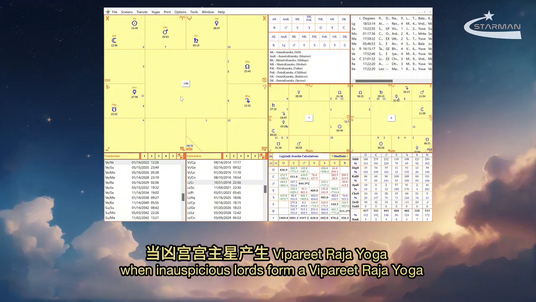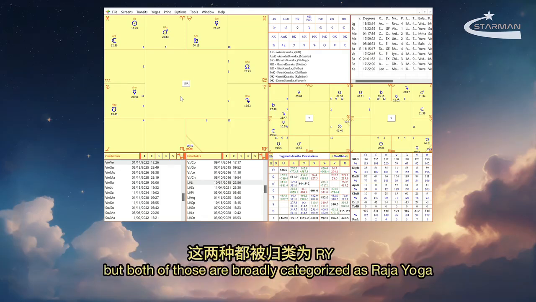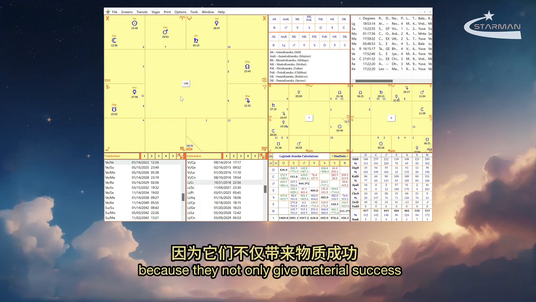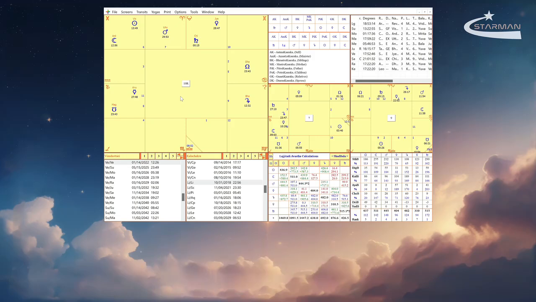Right? When inauspicious lords form a Viparit Raj Yoga, they bring financial gains and accomplishments by persevering through struggle and hardships. But both of those are broadly categorized as Raj Yoga, and they are considered the best because they not only give material success, but also contribute to personal growth and overall happiness.